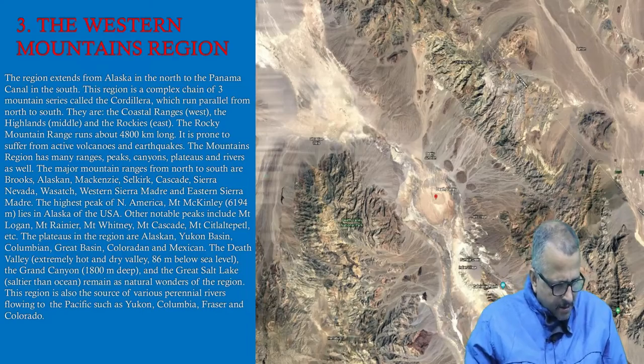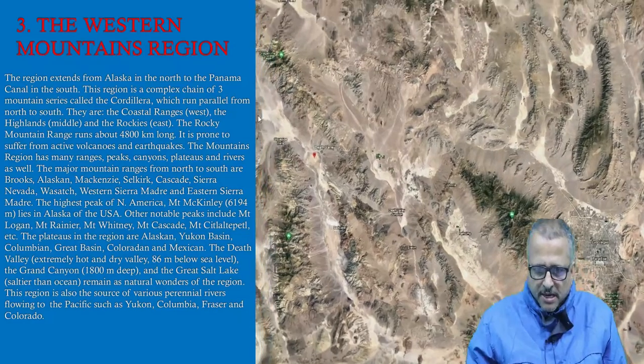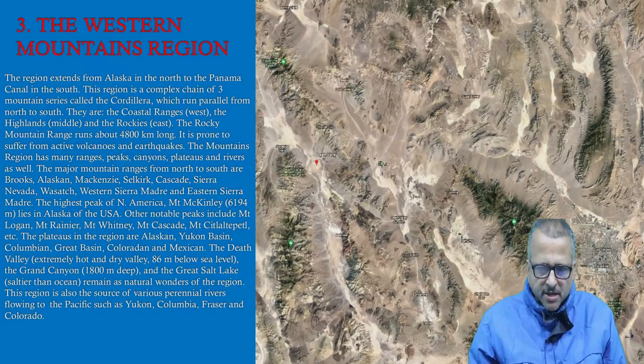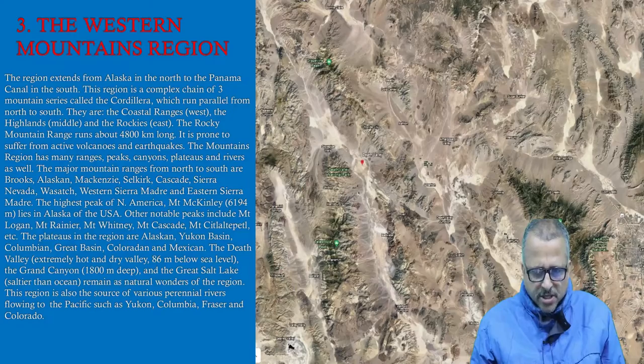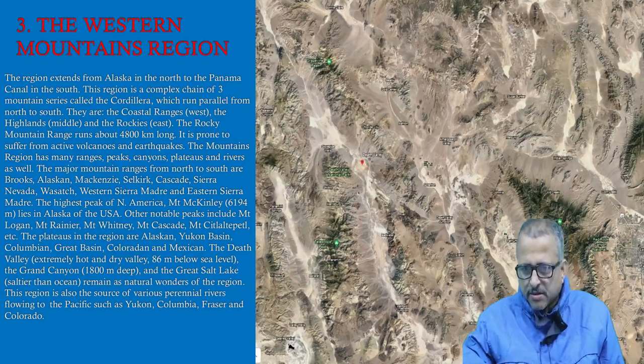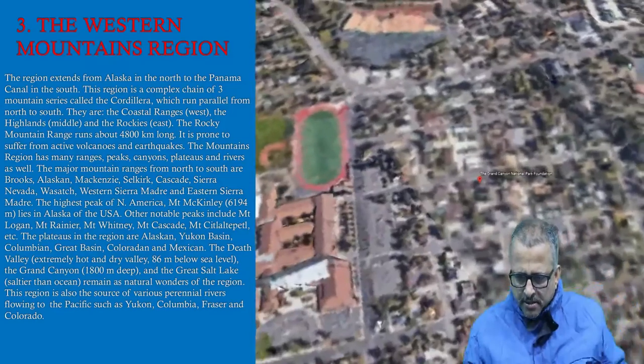Another feature, let me talk about the second deepest gorge of the world. That is known as the Grand Canyon, of the Colorado River. Now you could see the Grand Canyon there.